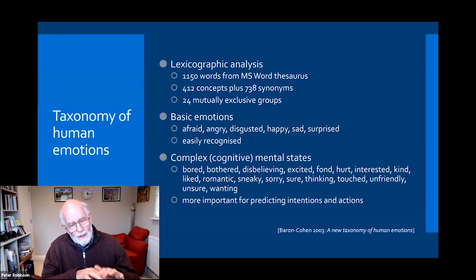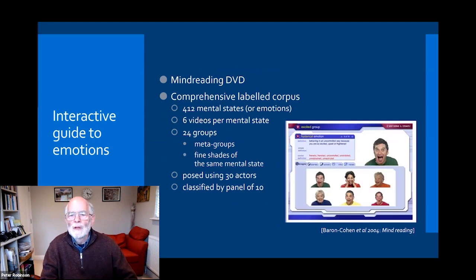Well, given that classification, what Simon Baron-Cohen did was then to get actors to record each of these 400 or so finely nuanced mental states, and prepared a DVD with 6 examples of each of the 400 or so on it.